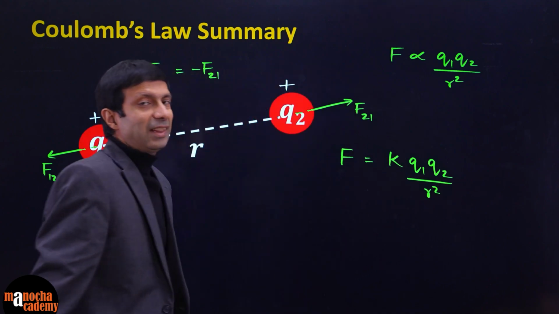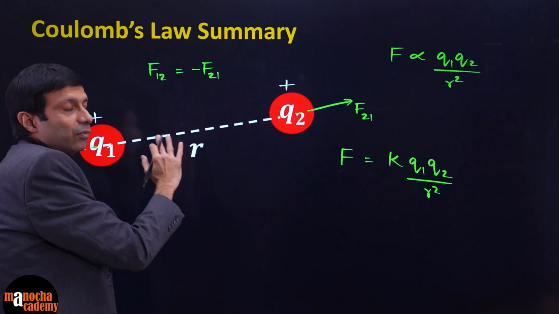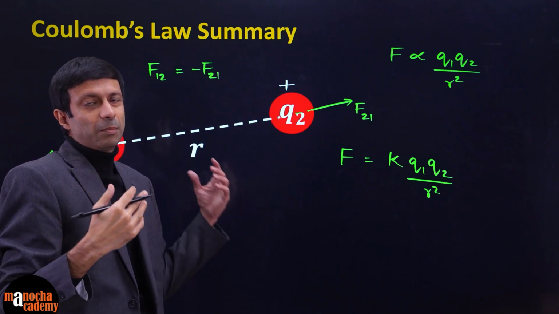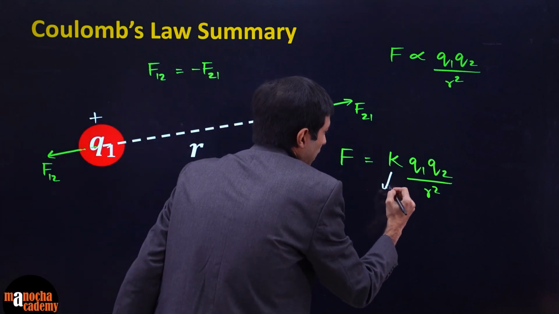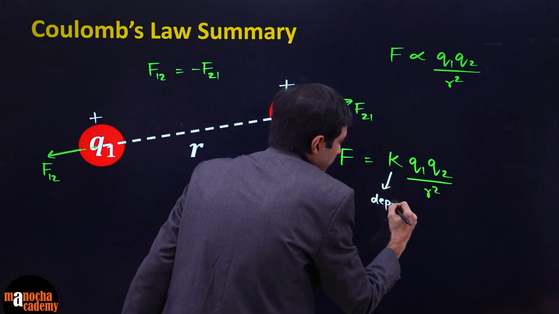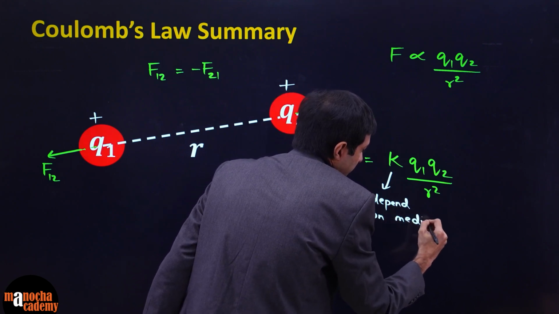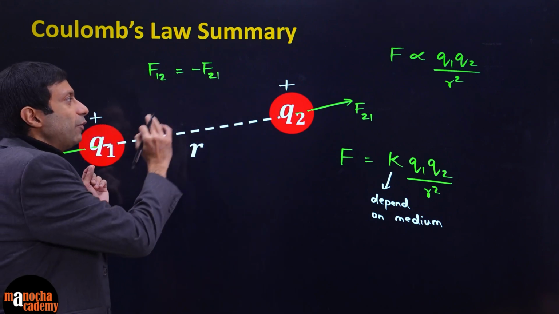Where what is this K? This constant K depends on the material, the medium, whether there's vacuum, water, or some other liquid, oil or glass. So K is dependent on the medium between the two charges. And remember, we said Coulomb's law is valid only for point charges.